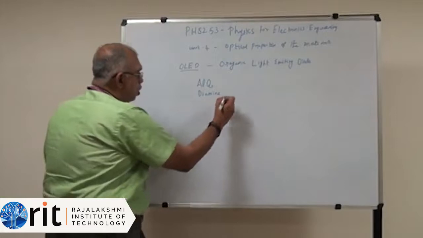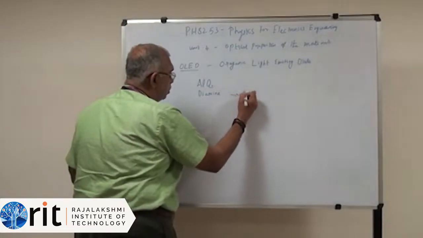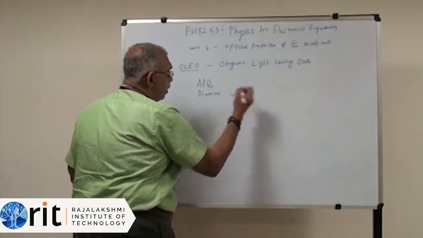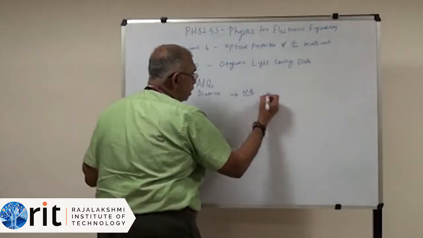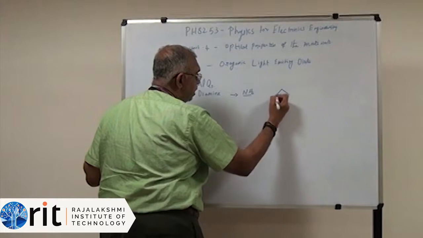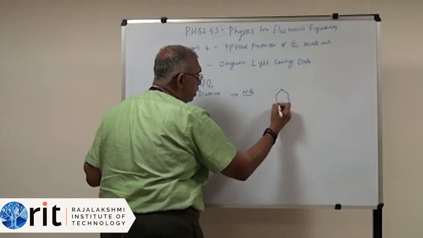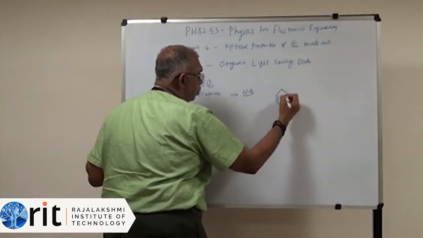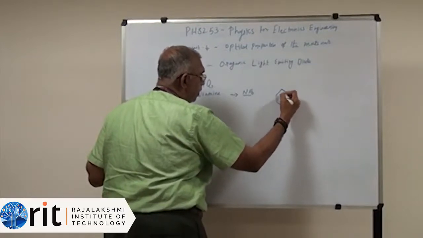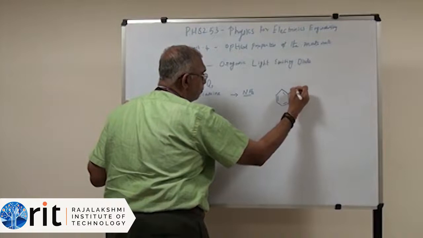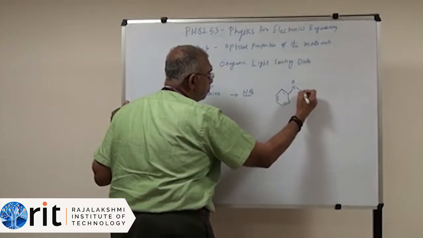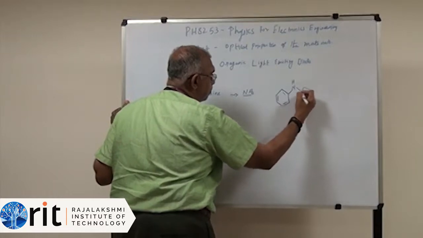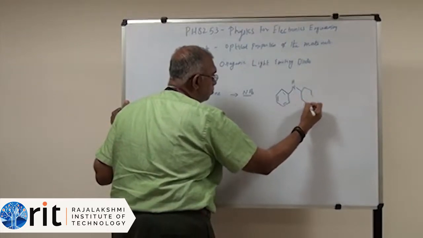Diamine consists of two NH2 groups attached to the benzene rings or attached to any organic groups. One such example is as shown here. It is one such diamine group.